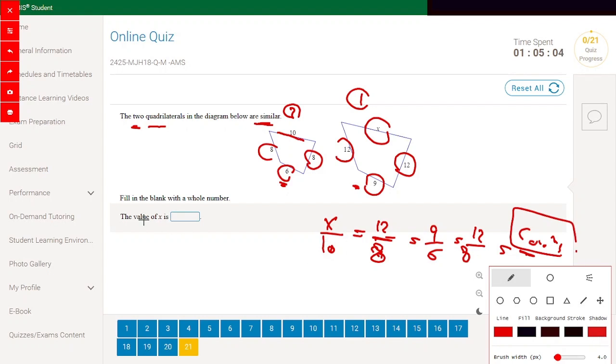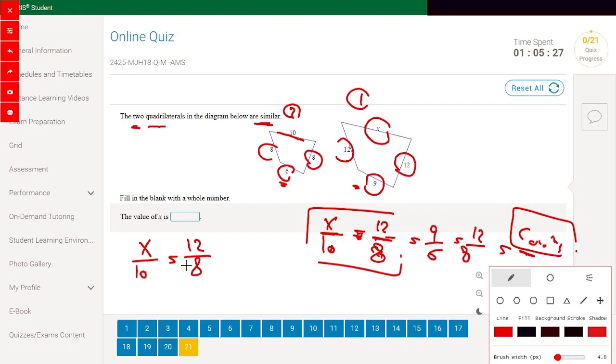Now he wants to know the value of x, so let's take these two parts. We can take any parts to make it equal with x over 10. So let's take x over 10 equal to 12 over 8. Let's simplify the equation.